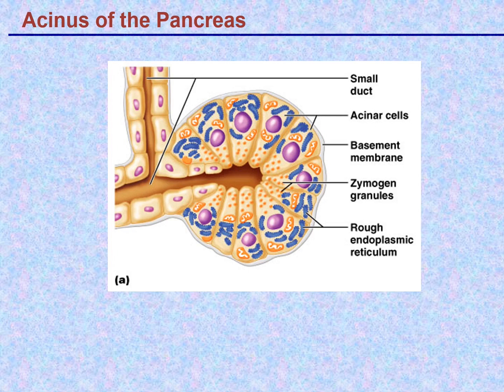This is the exocrine tissue, the place where exocrine secretions are produced, the digestive enzymes. So you have, of course, small little ducts that lead to larger and larger ducts, and you have cells that are arranged in what's called an acinus. So you have these sort of sphere shapes.